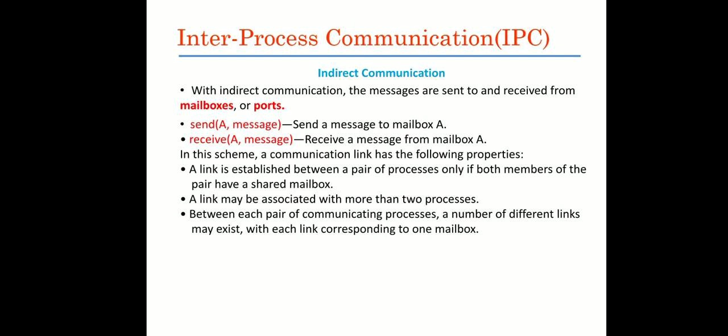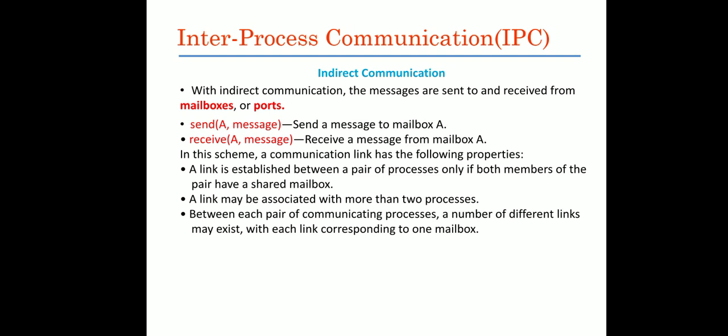Here A is the mailbox name. The send primitive sends the message specified in the second parameter to mailbox A, and the receiver uses the receive primitive to take a message from mailbox A. These are two important primitives in indirect communication.